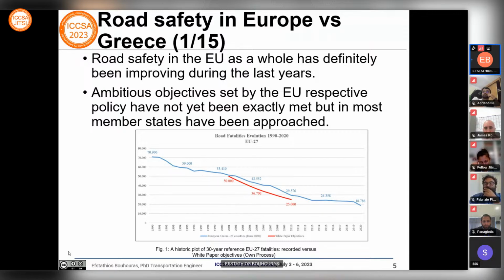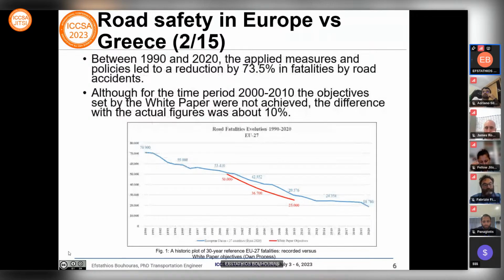Yes, we missed them, but I think that in real terms, we achieved as a European community a very good performance, since from 1990 to 2020 we decreased fatalities by almost 74%.